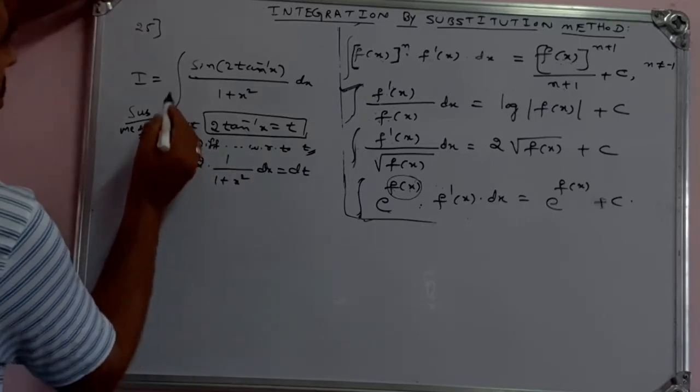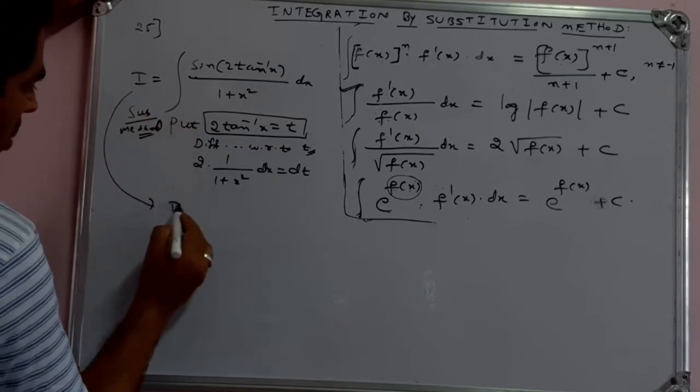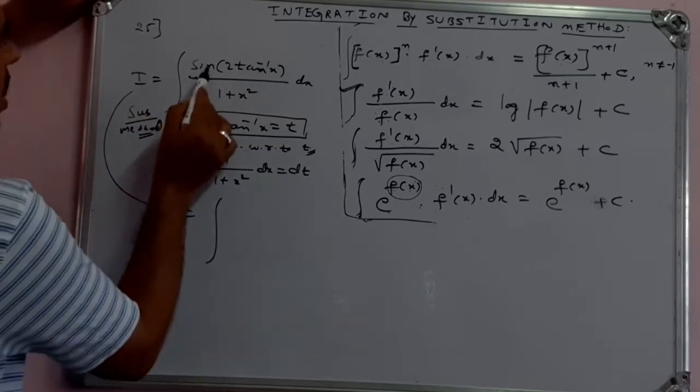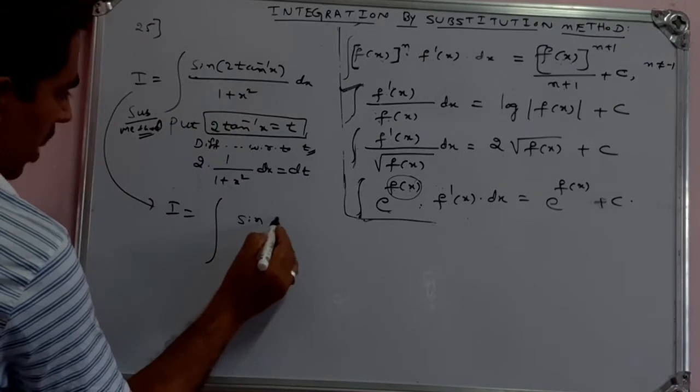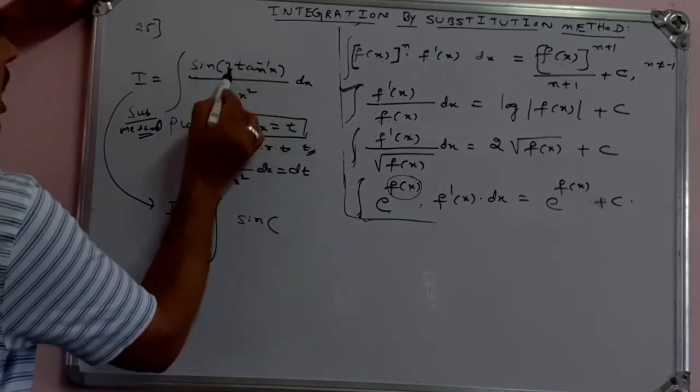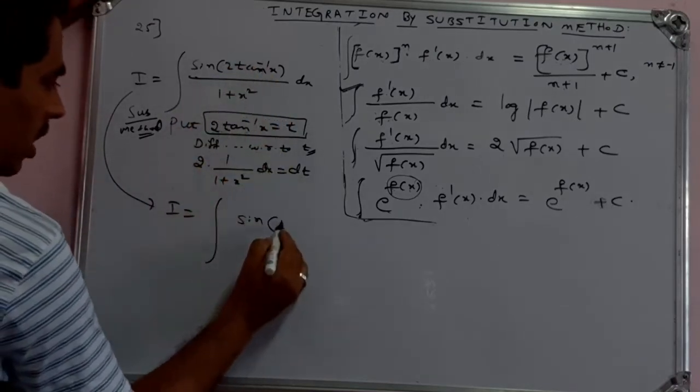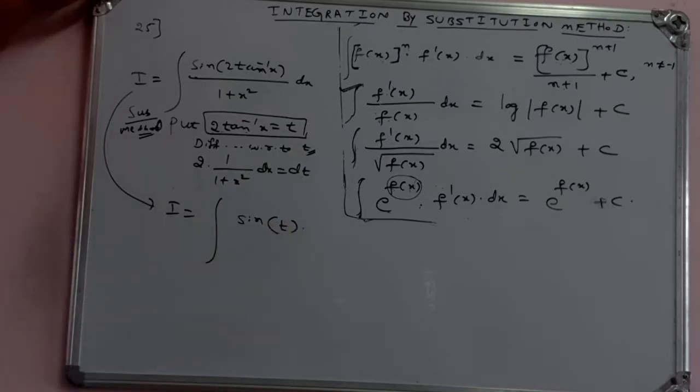Now observe this. This function converts to I is equal to integration of sine, and inside the bracket I have 2 tan inverse x, which is t. That becomes sine t.